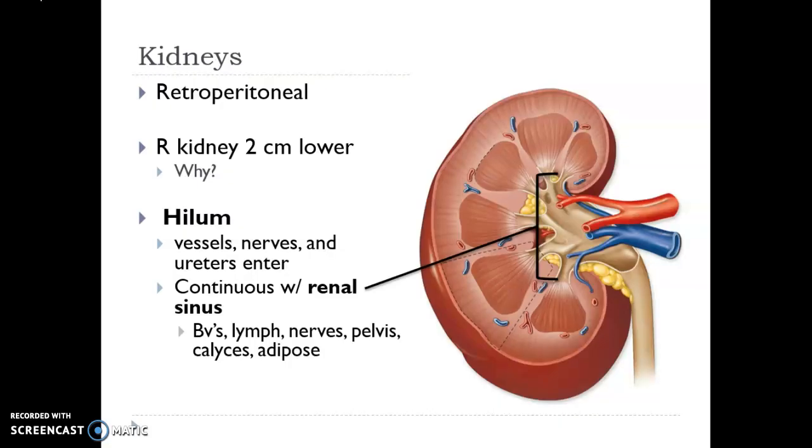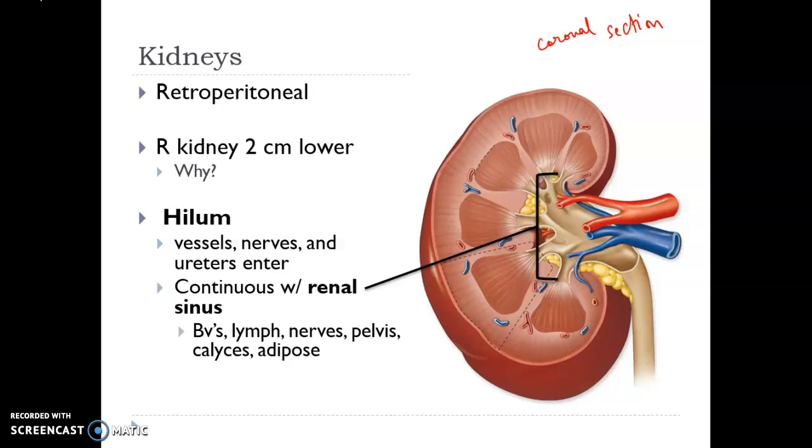All right. So zooming into the kidneys now, we are looking into a coronal section of a kidney. And remember, kidneys are retroperitoneal organs, meaning they are sticking to your posterior abdominal wall. Remember, if an organ is sticking to the wall, it is retroperitoneal.